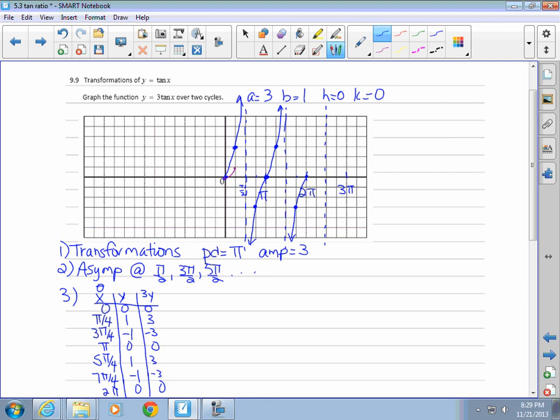If I want to do the domain and the range, domain, same thing, I take a look at what my x is. It's just an x, so that means it's going to be the normal. X is an element of real numbers, except x cannot be equal to pi over 2 times 2n plus 1. So it can't be that odd multiple of pi over 2.